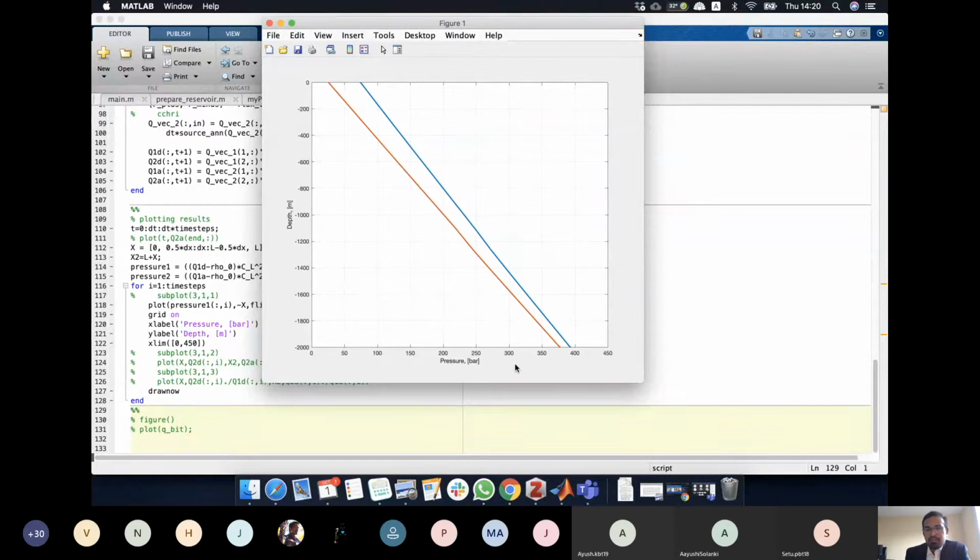If you don't identify that this scenario is happening, you might reach a pressure higher than your fracture pressure and fracture the reservoir. These are some of the safety-critical situations we have to encounter. Of course, it is a contingency, but we need to be prepared for that.